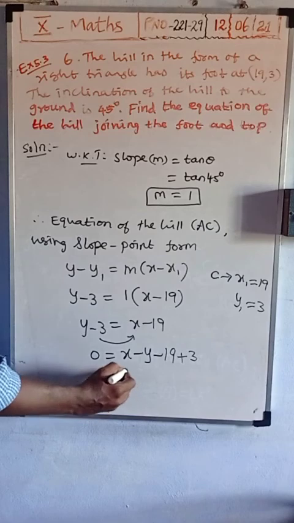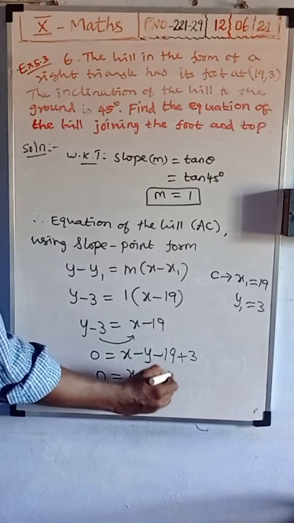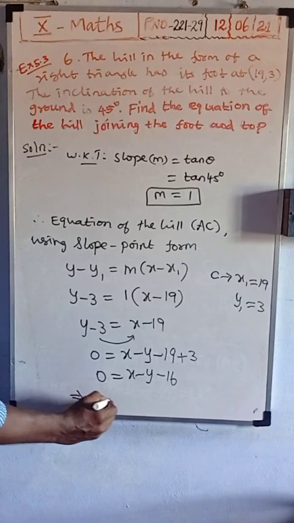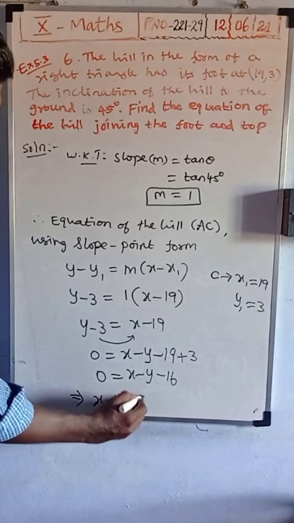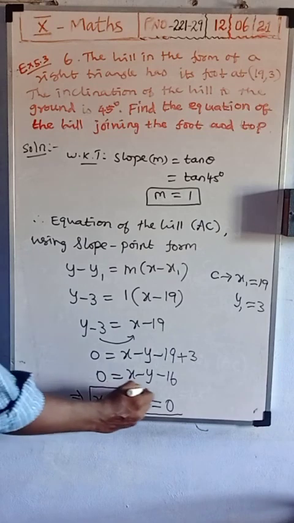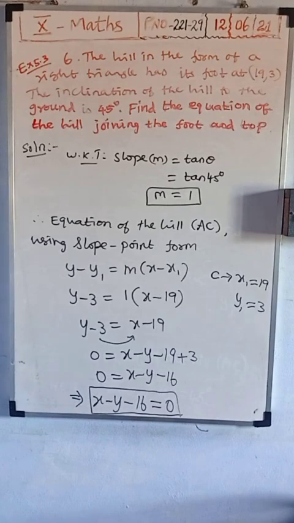Therefore 0 is equal to x minus y minus 16. Minus 19 plus 3 is minus 16. Therefore, we write x minus y minus 16 is equal to 0. This is the equation of the hill. So the hill equation is x minus y minus 16 is equal to 0. That's all.